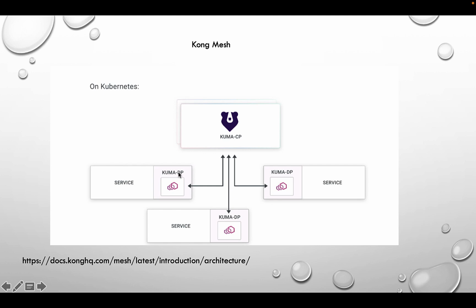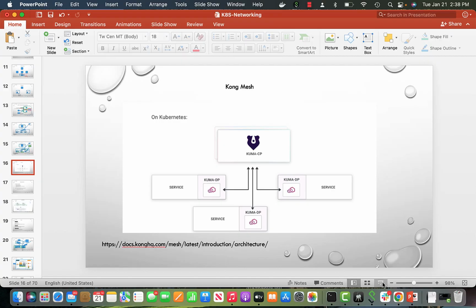It will also use CPU and memory resources along with your service. Plus, there can be complications. So if there is a way to have an architecture without a sidecar, that's where some of the latest developments and research have been going on.